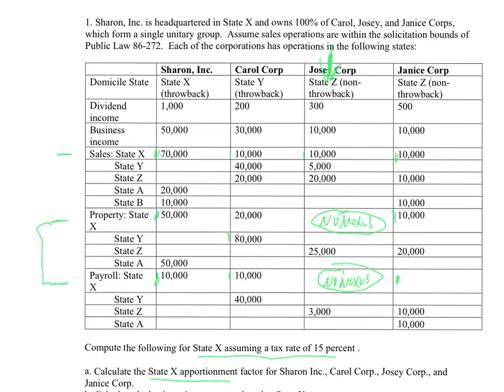We looked at sales for state X, which was 70,000. If you remember from my other screen, total sales were 100,000. That's 70,000 plus 20,000 plus 10,000, so 70 plus 30 is 100,000. That's how we got our sales number for state X over the total.